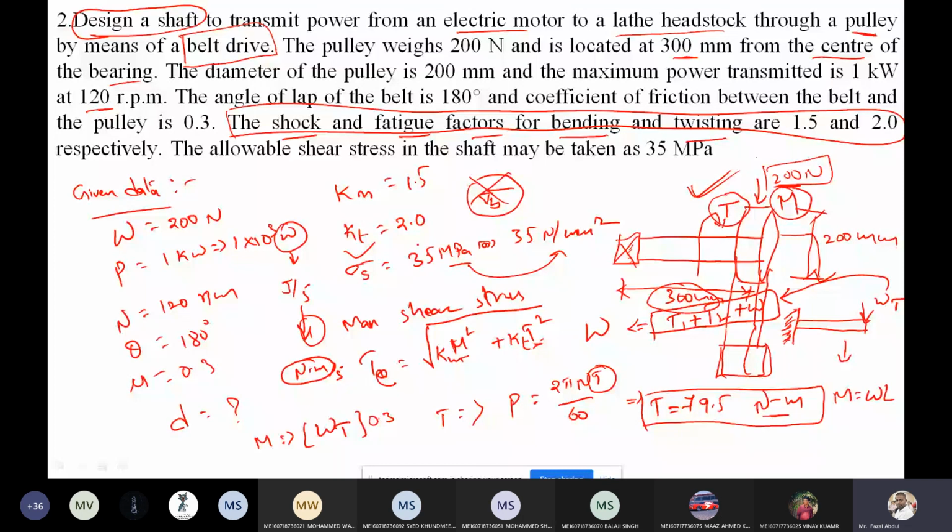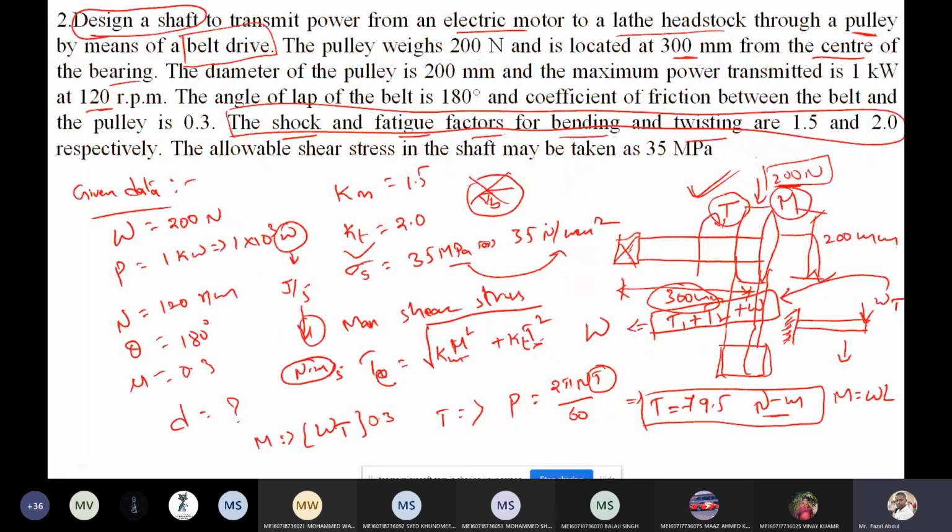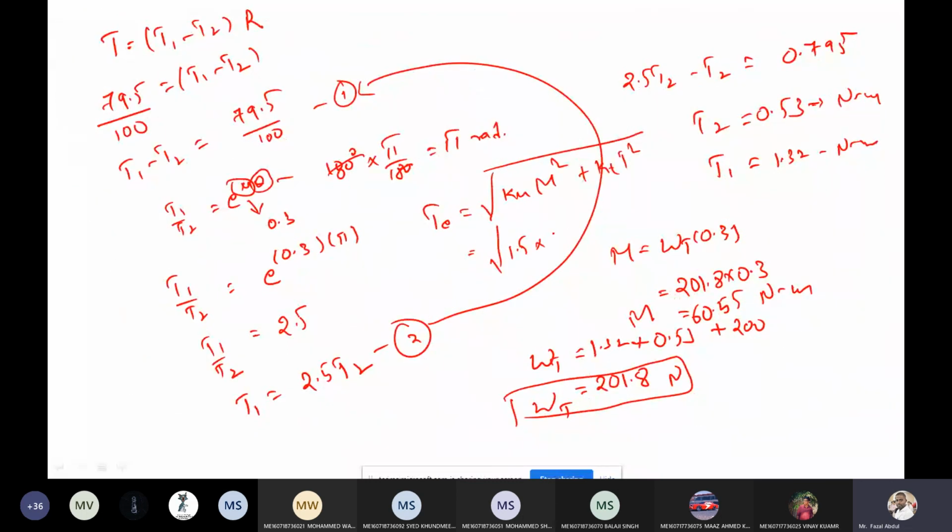So see here, TE equals the square root of Km into M whole squared plus KT into T whole squared. What is the Km value given? Km is 1.5. So 1.5 into the M value we got, 60.55, whole squared, plus KT value as given in the question, into 79.5 we calculated.